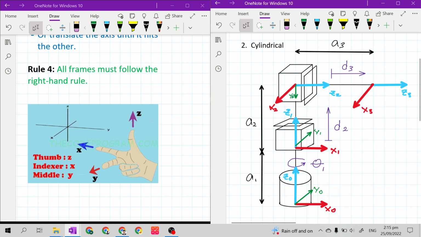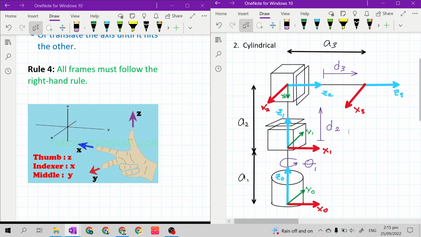Then last is our end effector. Let's also use rule 4. The x-axis is pointing to the right, and the z-axis is pointing to the front.